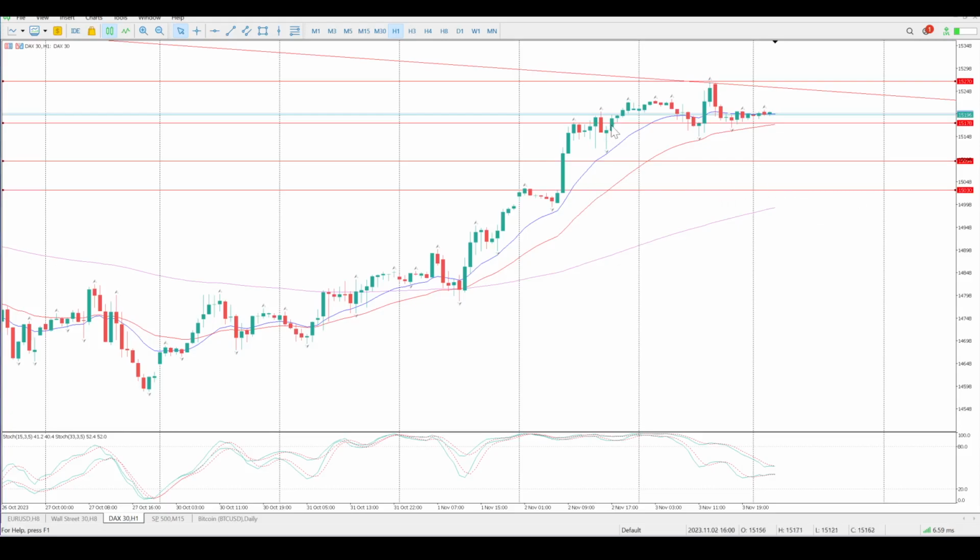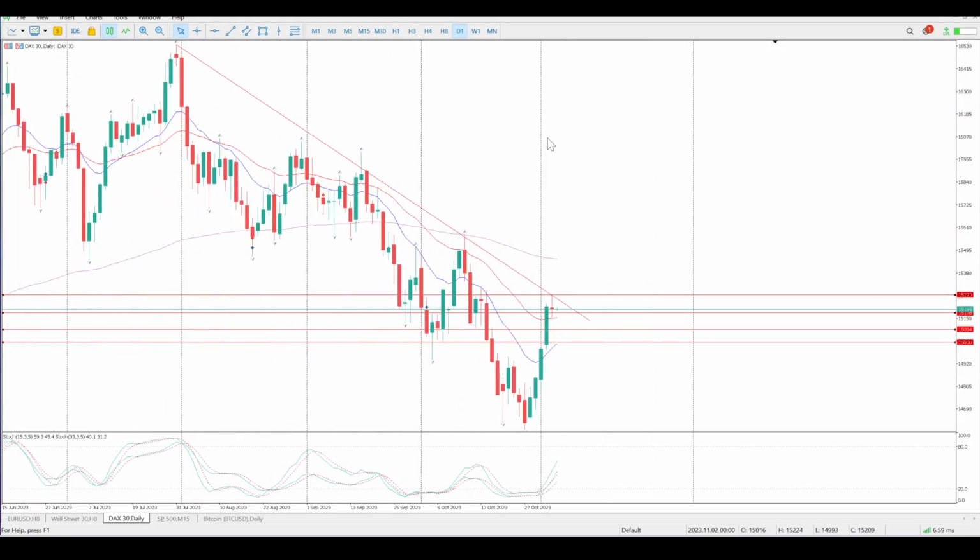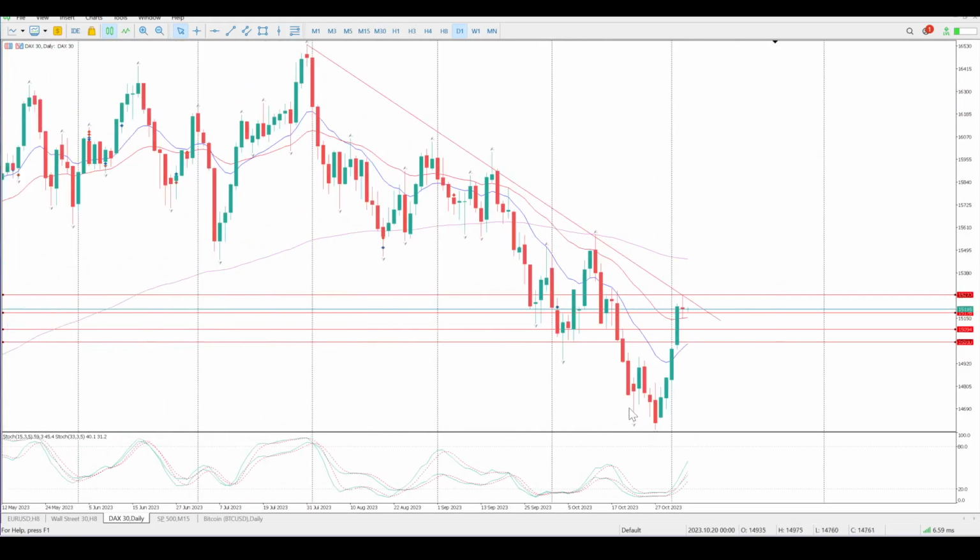The thing that concerns me about this is that it takes out Friday's price action, and we start coming down here. And the other thing is, if you just take this on a daily, you can see a bit of a range bar, bit of a rejection bar. Don't really know what it is, but it's confusion. So I'm a little bit cautious here.